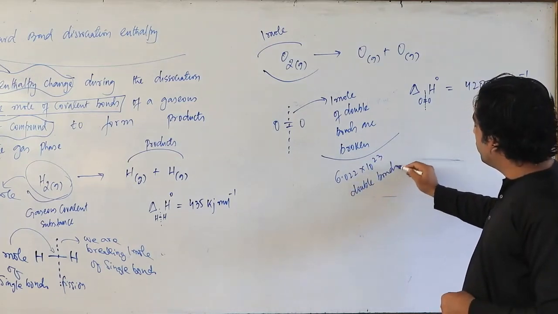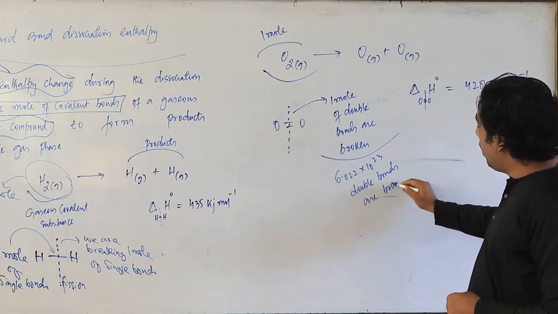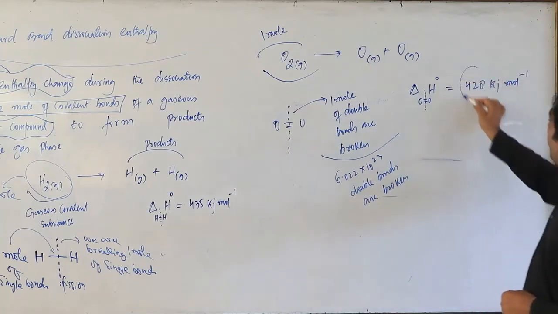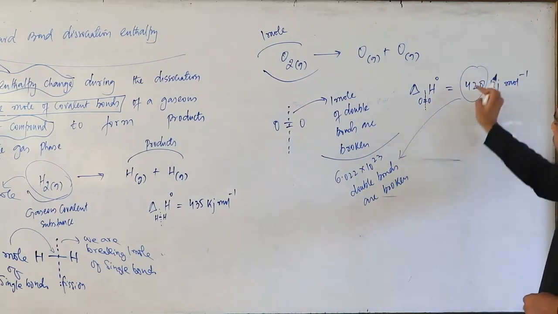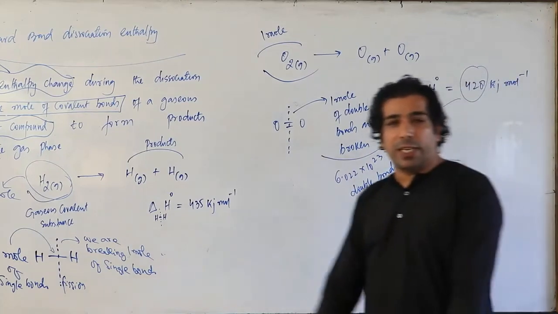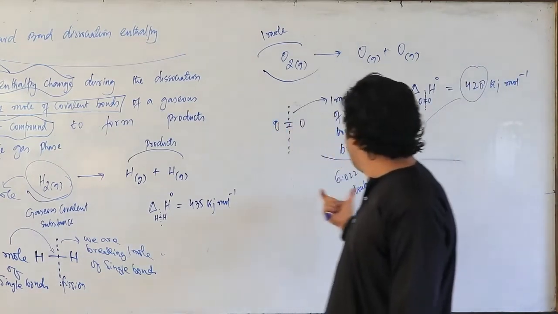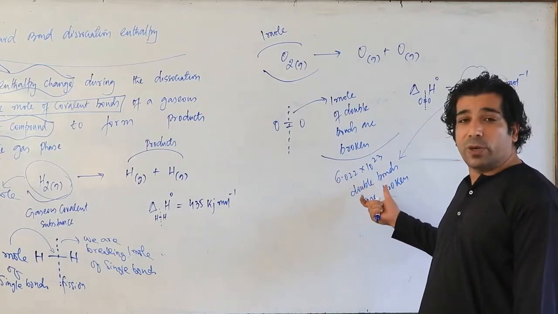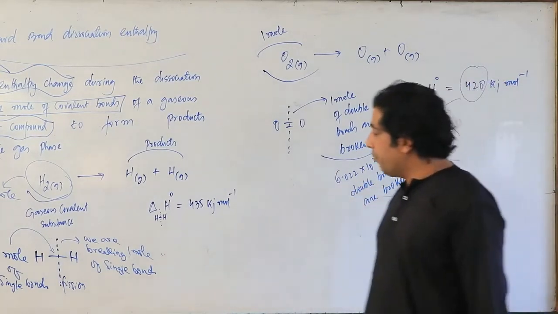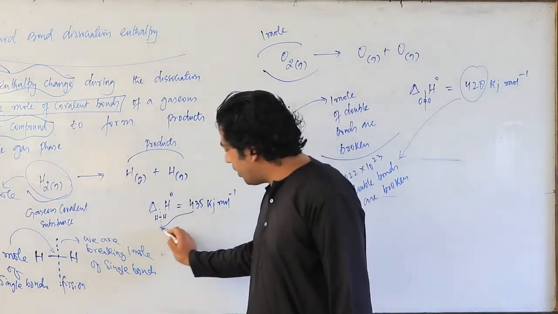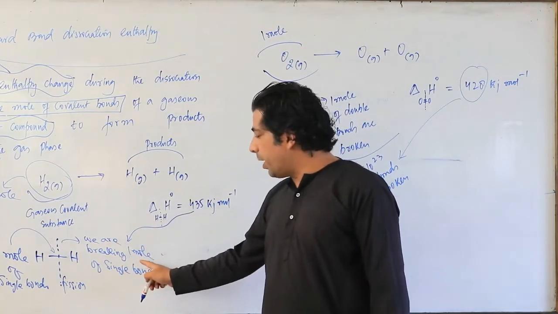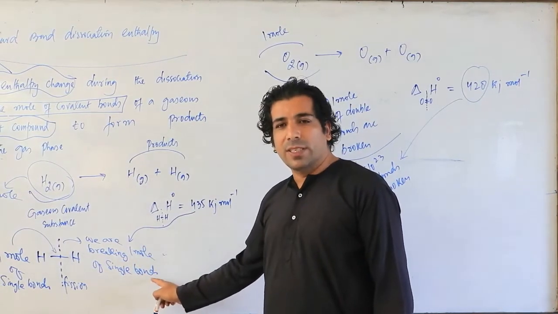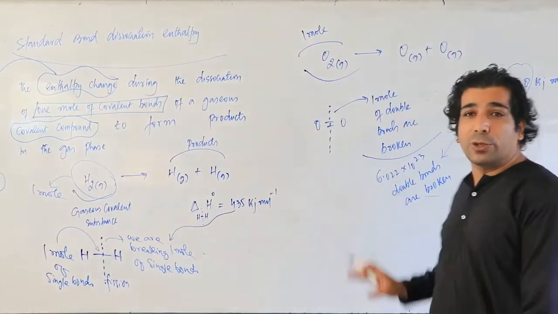How can you break them? By supplying this much energy. If you supply 428 kilojoules of energy, you can break 6.022 into 10 raised power 23 double bonds. Both are basically endothermic.